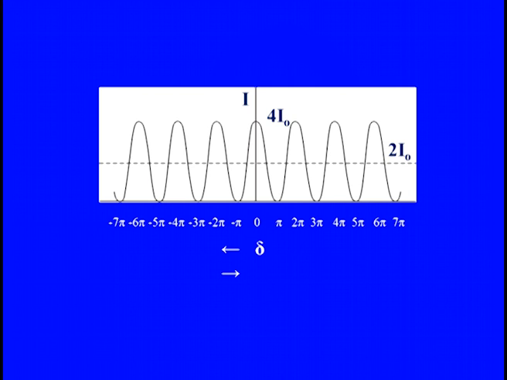The energy which apparently disappears at the minima is actually still present at the maxima, where the intensity is greater than that which would be produced by the two beams acting separately. In other words, the energy is not destroyed but merely redistributed in the interference pattern.